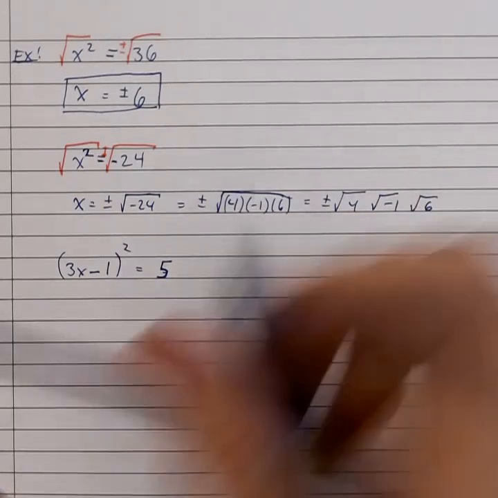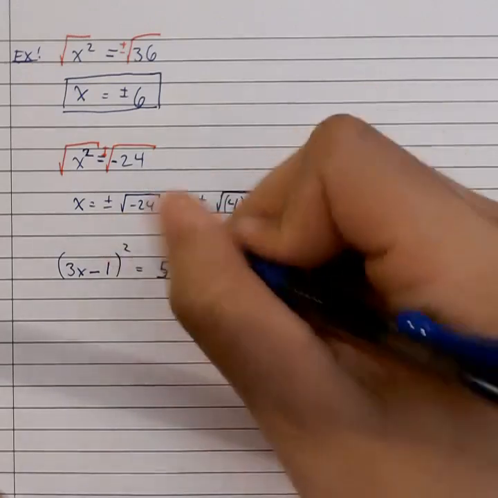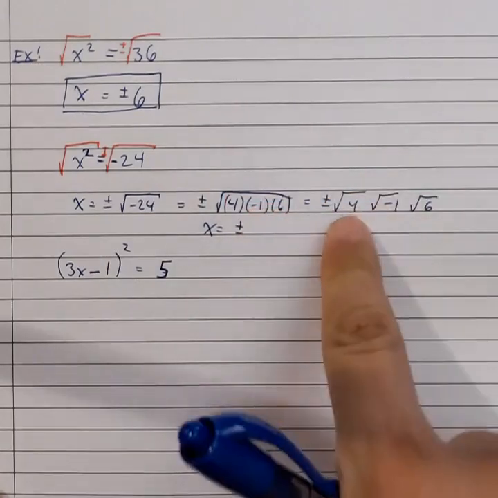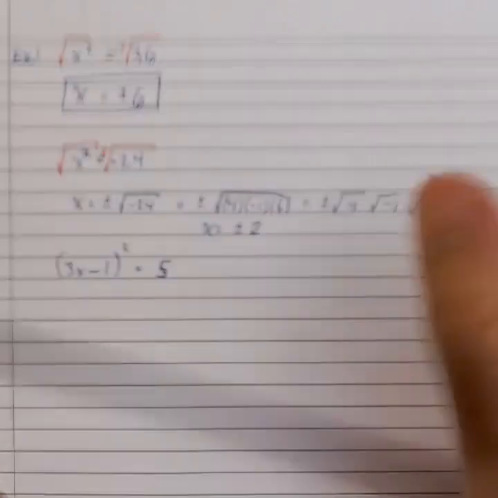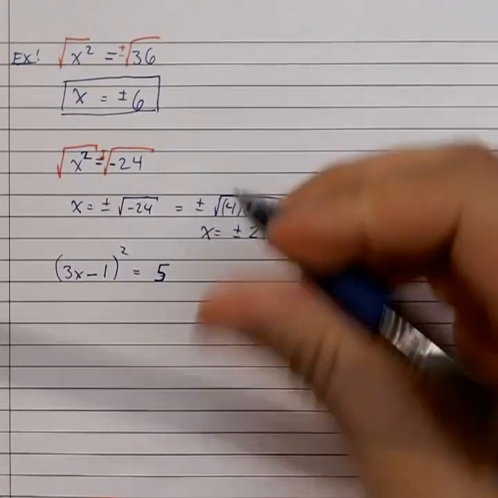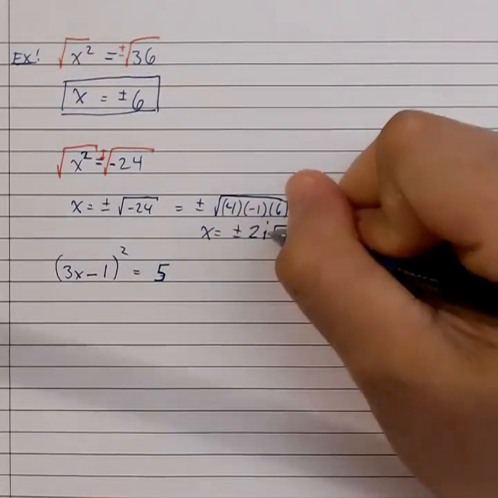So what that means is I can take the square root of this one and this one to simplify. So in the end, I get x is equal to plus or minus, square root of 4 is 2, the square root of negative 1 is i, and the square root of 6, well, that one doesn't simplify. So that's just going to stay as root 6.